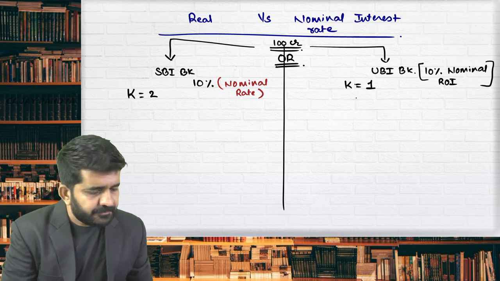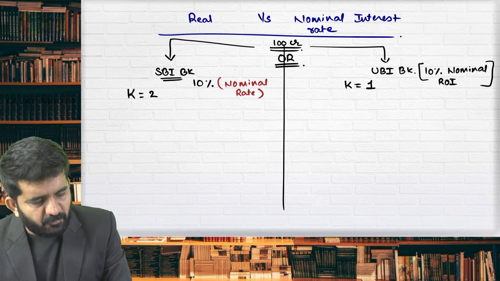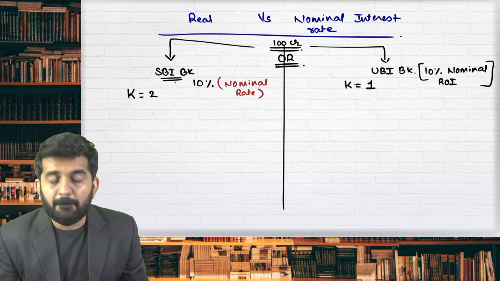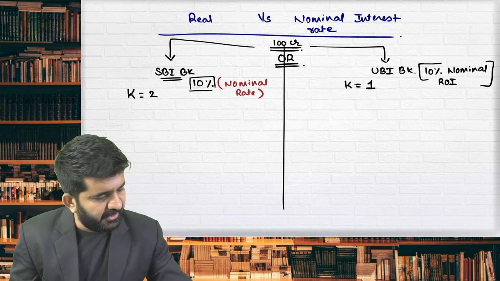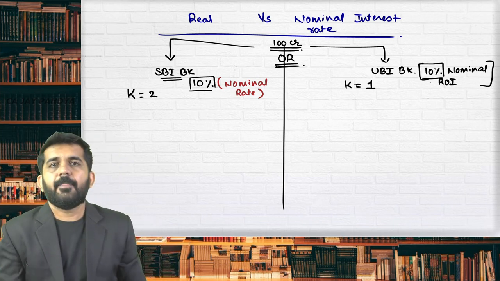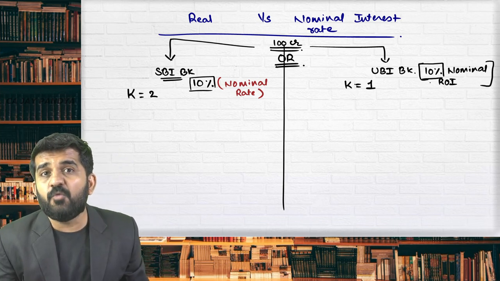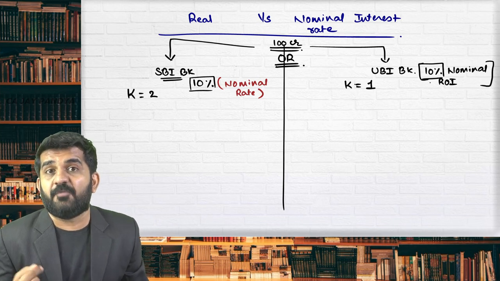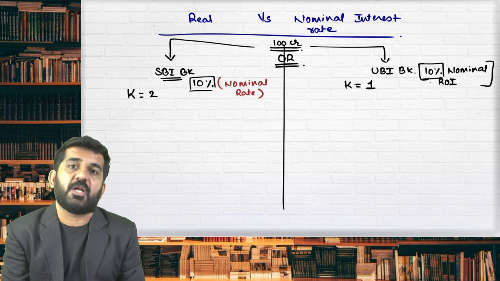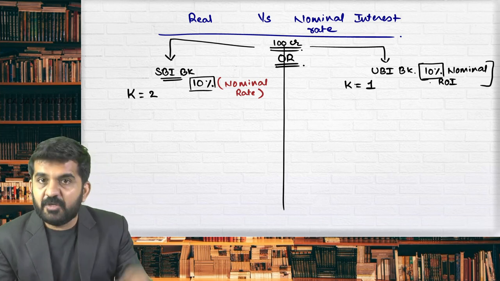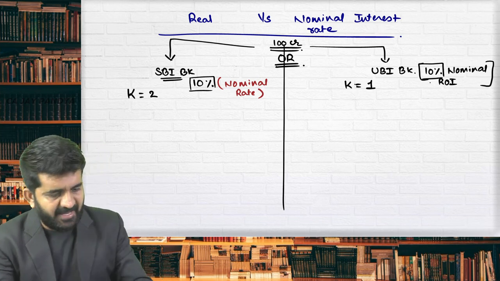Now understand, SBI Bank will always be beneficial, but by just seeing this rate, 10% rate, you cannot make a decision. But what we are going to find out is a real rate of interest, and believe me, by just comparing real rate of interest, your answer will be absolutely correct, which is right now also correct, which is SBI Bank.